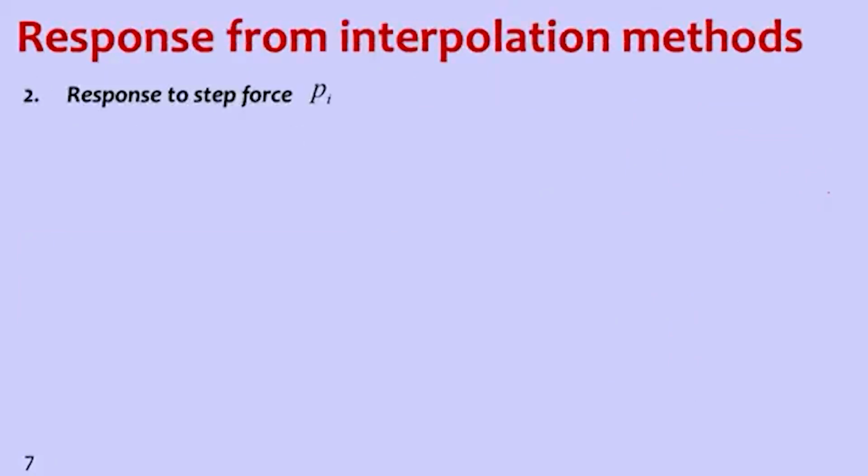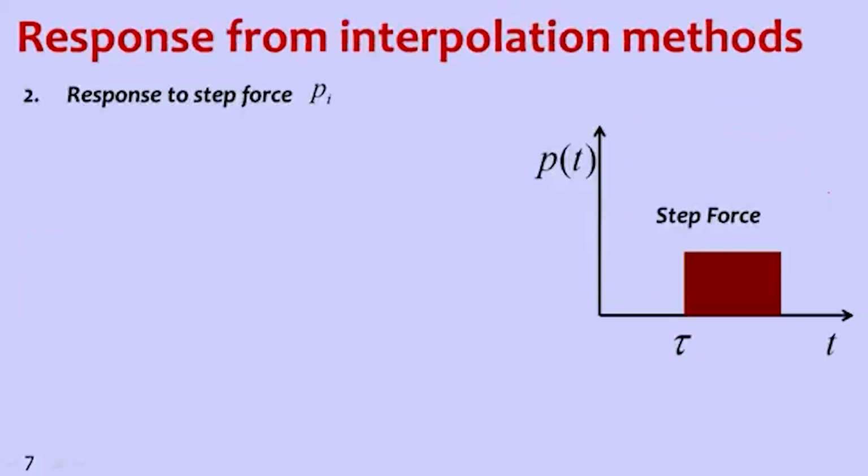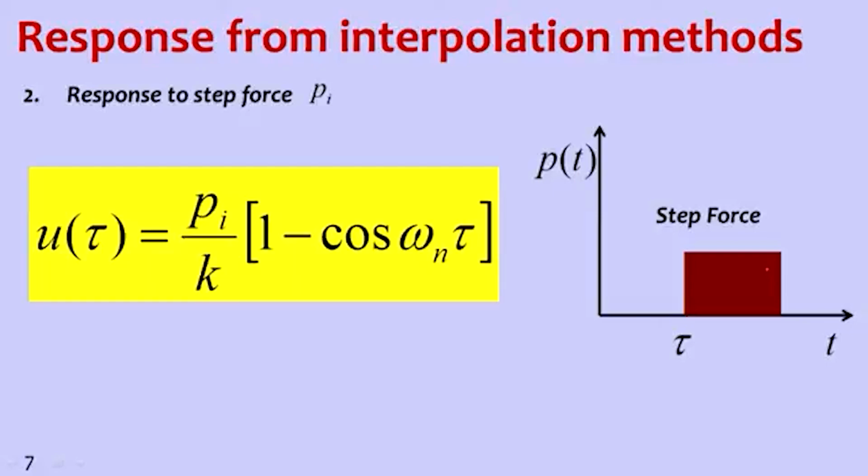So this component is representing this free vibration. And the second component is response to step force. So suddenly there is a step force. First one is free vibration component due to initial conditions at tau, and then second one is the step force. We already studied from the application of Duhamel's integral or convolution integral the response to step function.